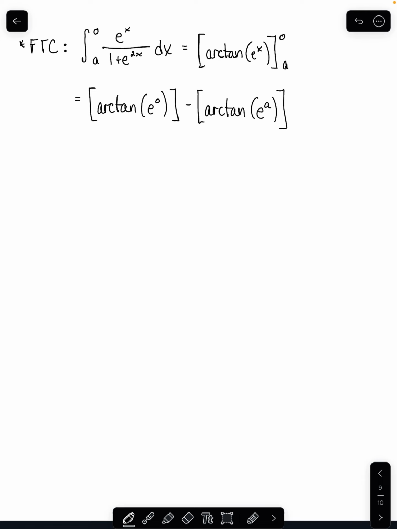E to the 0 is, of course, 1. And the arctangent of 1, excuse me, is pi over 4.